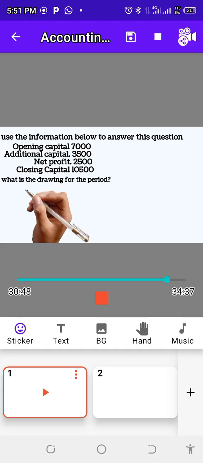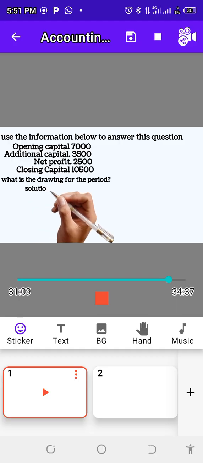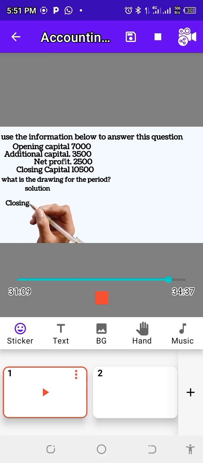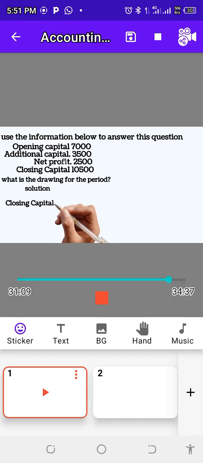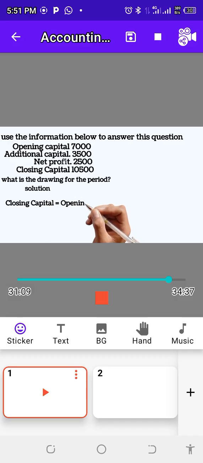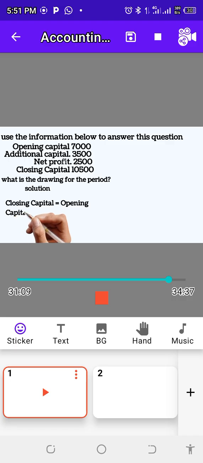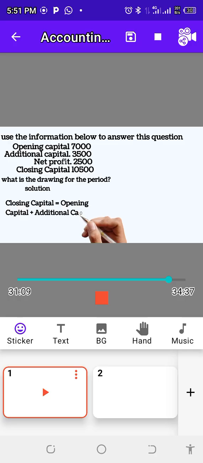What we need to do is to compute the closing capital and know whether it's the same figure as the closing capital given in the question. So closing capital is given as opening capital plus additional capital plus profit less drawing. Now we do not know the drawing. So we are going to find out the actual closing capital here. We are not going to use this closing capital because in that closing capital, drawing has been taken away.